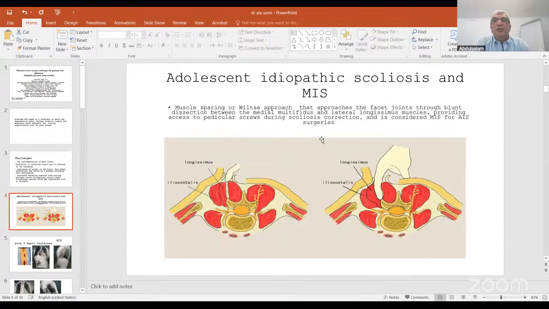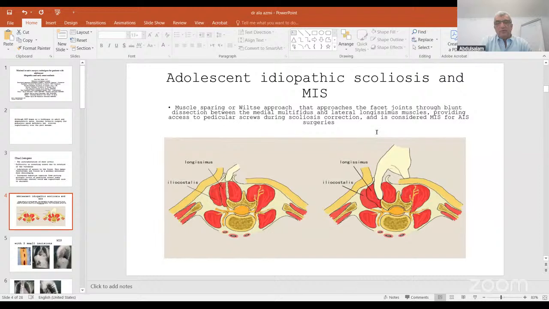Here in adolescent idiopathic scoliosis, how can we go with minimal invasive surgery? We have the Wiltse technique. In the Wiltse technique, you usually open a midline incision, but you go 1 to 2 centimeters lateral to it, and you go on the fascia, and you open medial to the longissimus muscle.